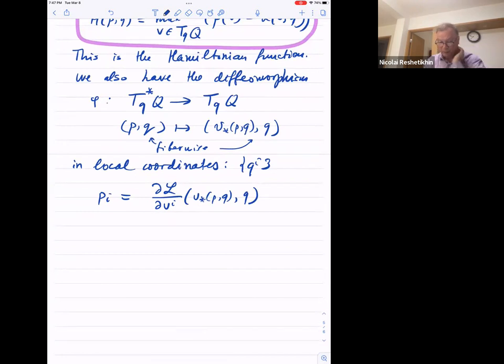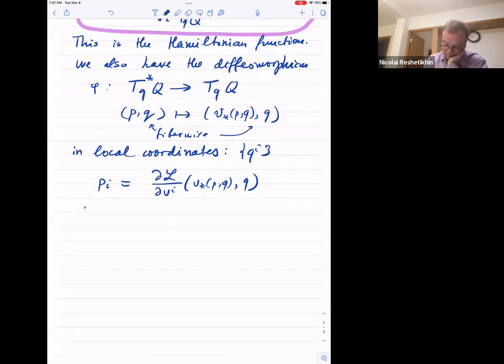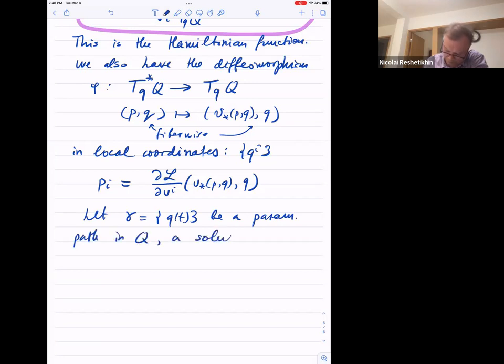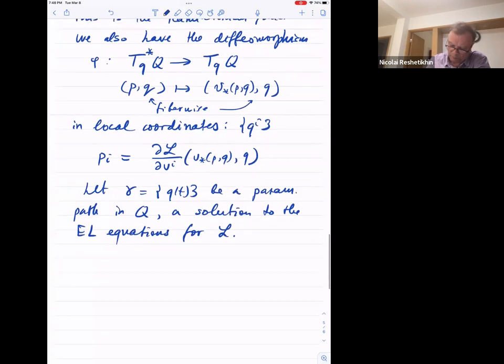So this is very nice because now what we can do, we can bring a path, a solution to the Euler-Lagrange equation, to the cotangent bundle. So now let gamma, q of t, be a parameterized path in Q, which is a solution to the Euler-Lagrange equations for our Lagrangian system.